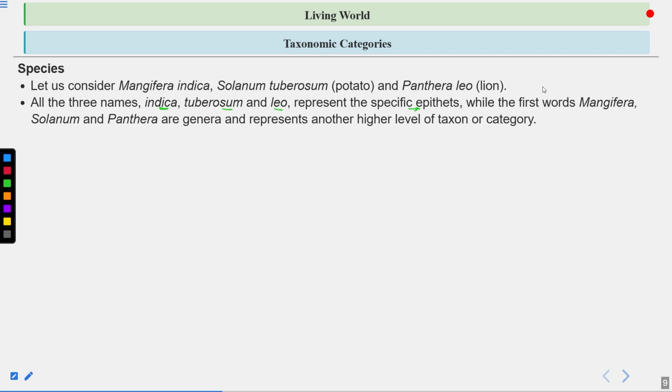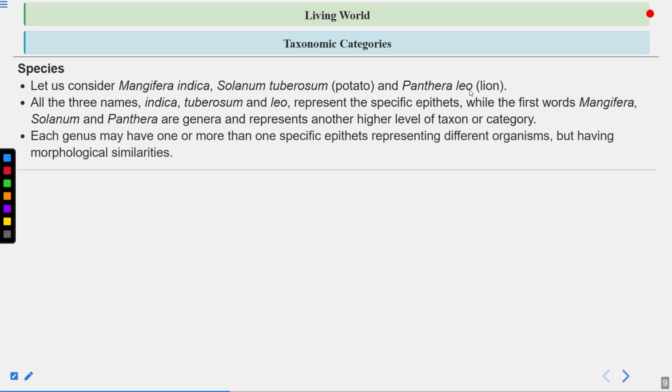While the words Mangifera, Solanum, and Panthera are genera, meaning the genus, and genus is another higher level of taxon or category. So genus is of higher level as compared to species. Species is the lowest-most taxon. Above species is genus. So here Mangifera is a genus, Solanum is a genus, and Panthera is also a genus. Indica, tuberosum, and leo, they are species.